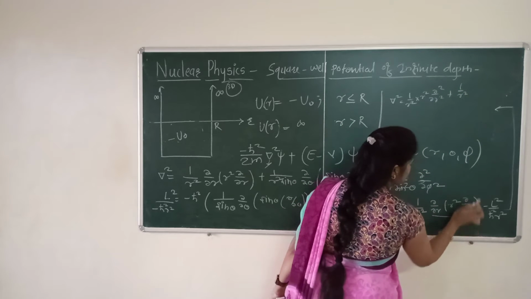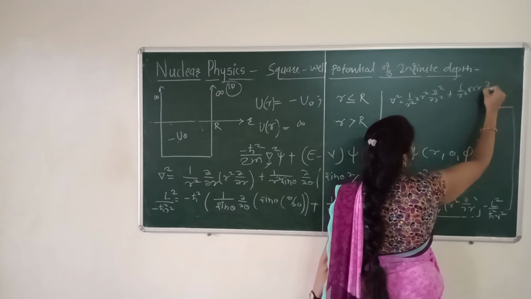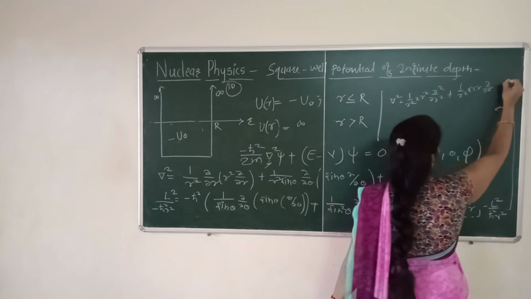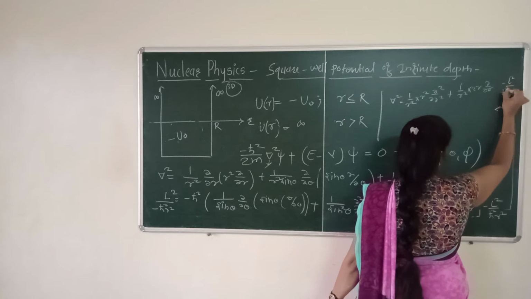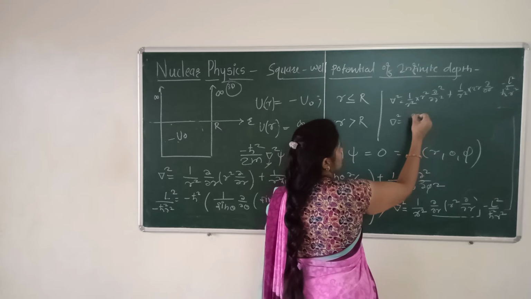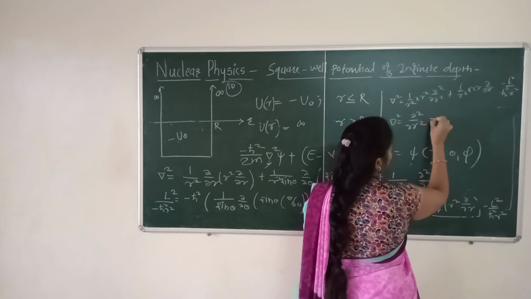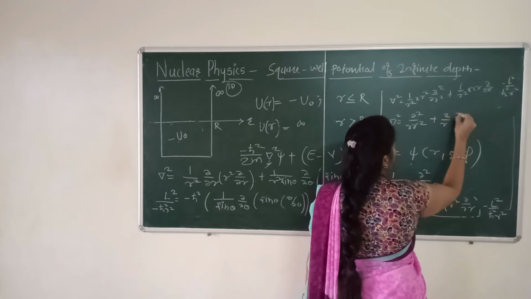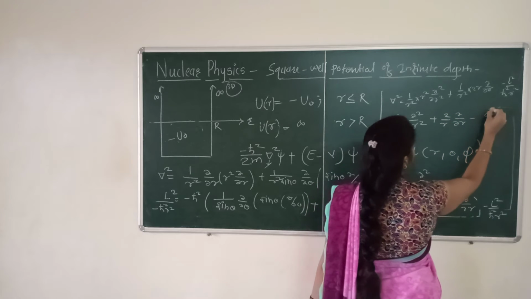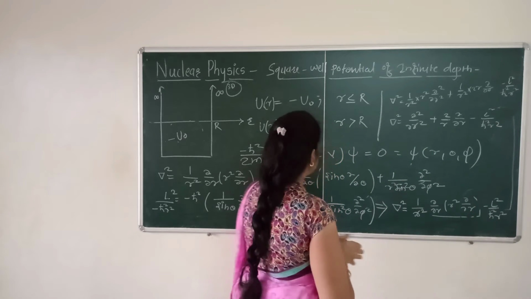Now this is constant and derivative of this means 2r dou by dou r, and this term as it is, minus L square divided by h cross square r square. Then what is our del square? Dou square by dou r square plus 2 by r dou by dou r minus L square divided by h cross square r square. Understand student?